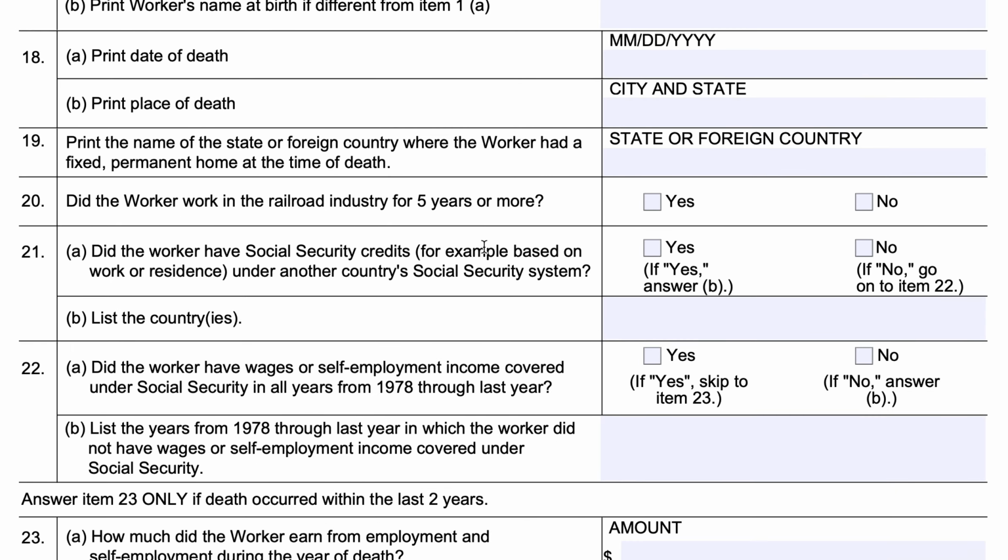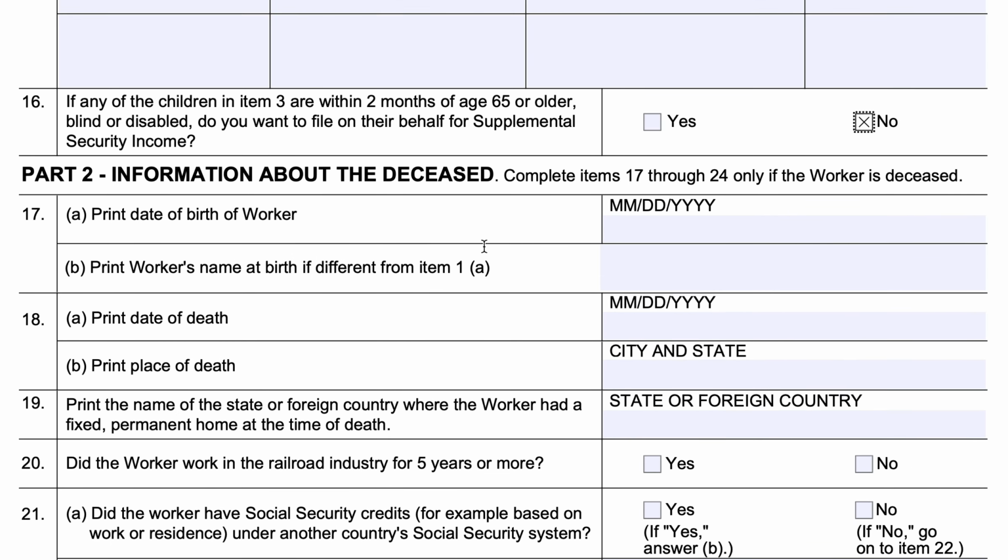In this part, part 2, we're going to enter information about the decedent. So in this case, John Doe was born on January 1st, 1970. His name at birth was the same as this.